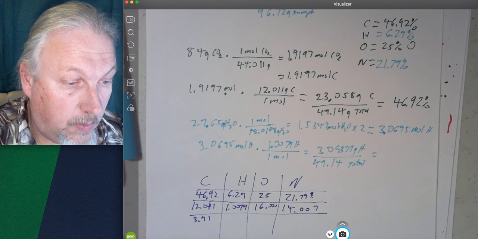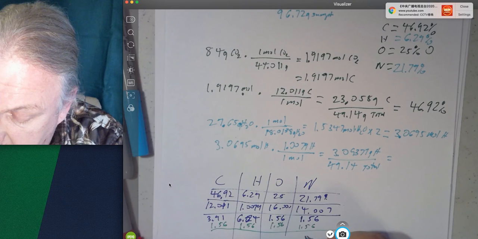So now let's write our formula out. That's going to give me carbon 5, hydrogen 8, 2 oxygens, 2 nitrogens. That's my empirical formula. And that answers the problem. We're done. It is what it is.